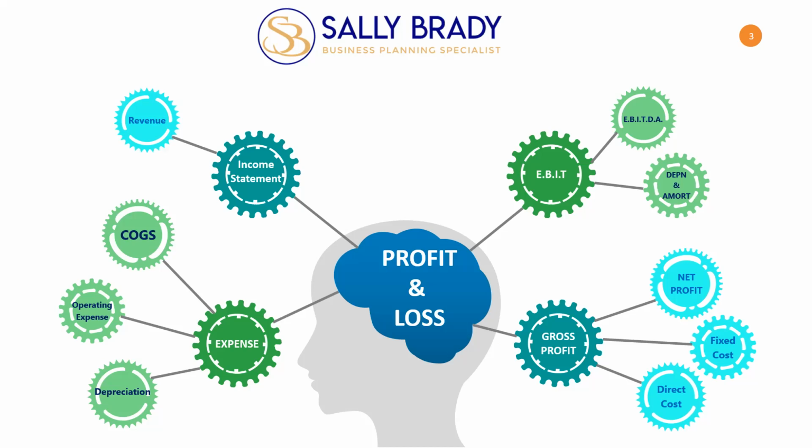Now, net profit is, and you'll always also hear net profit called EBIT, and our EBIT is on the slide as well. EBIT, earnings before interest and tax. So EBIT is slightly different to net profit in that it doesn't include any interest or tax.